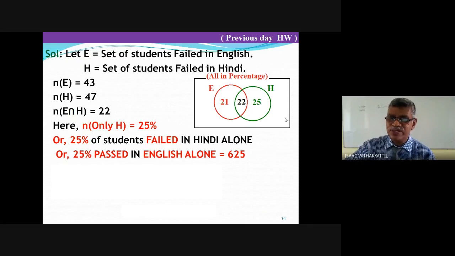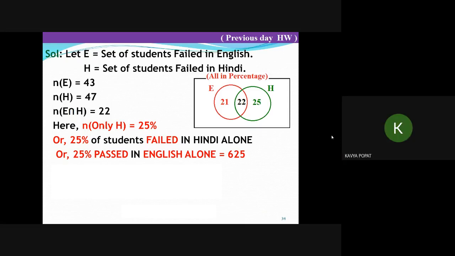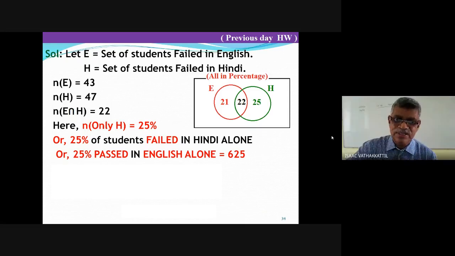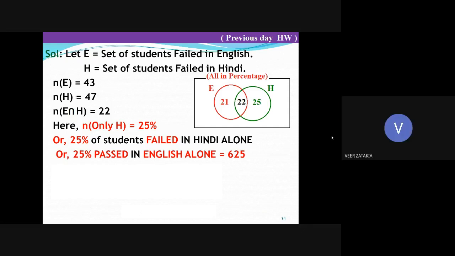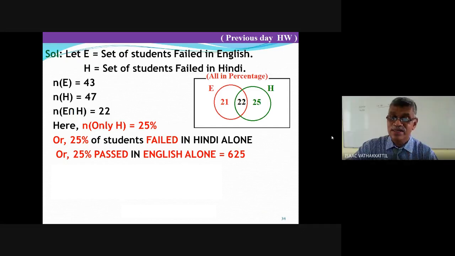That means they passed in English. English only. Yes or no? They failed in Hindi means they passed in only English.